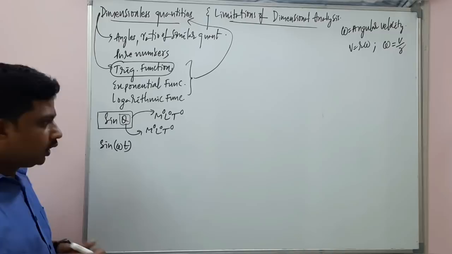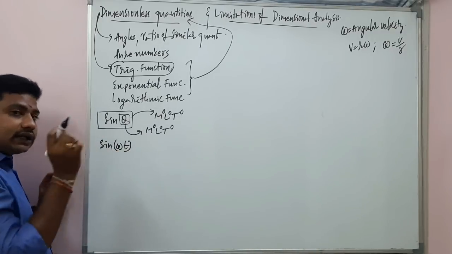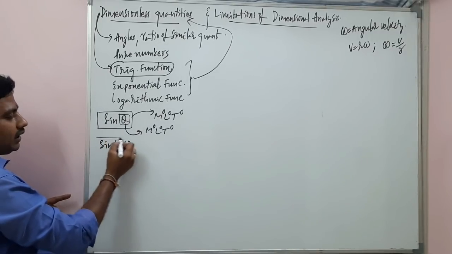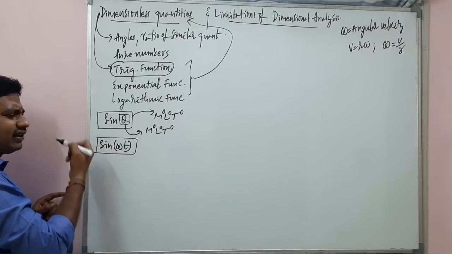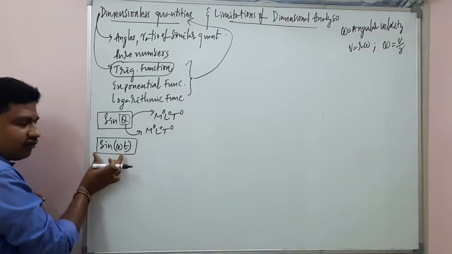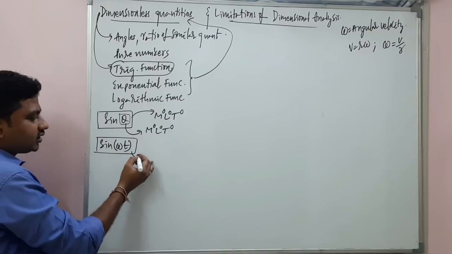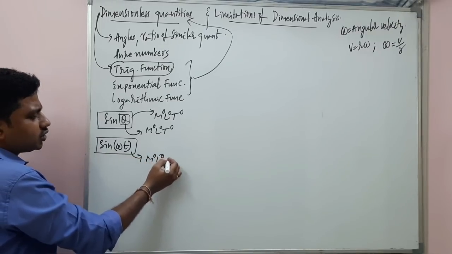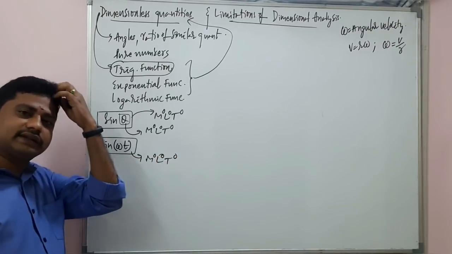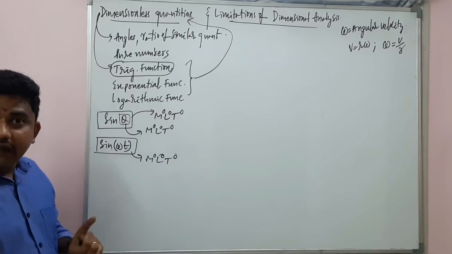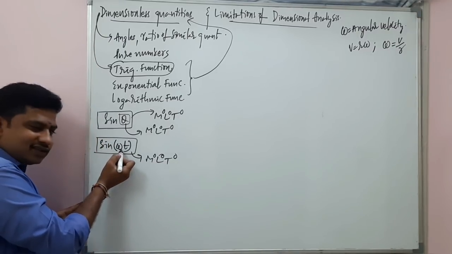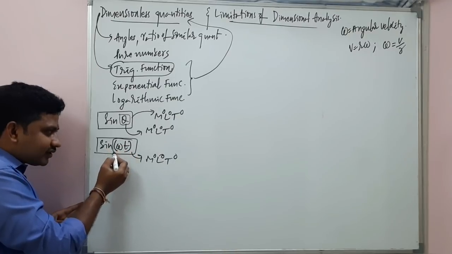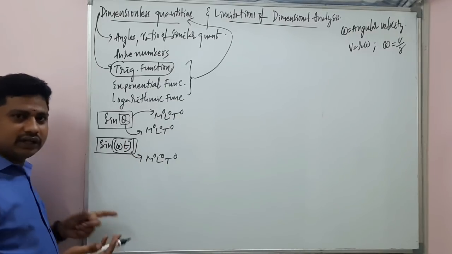Sometimes you get a trigonometric function like sine omega into t, whatever it may be. The complete function is called a trigonometric function. It will not have dimensions: M0 L0 T0. This is called theta. Sine of something is sine theta only.